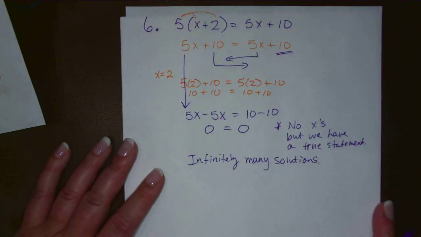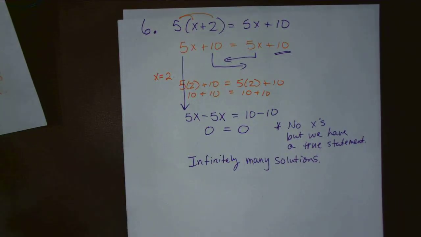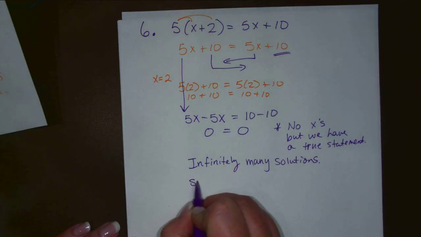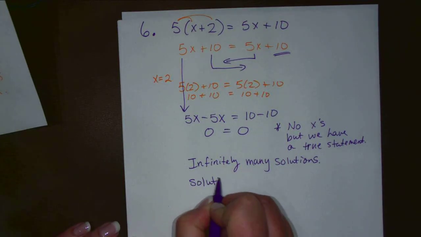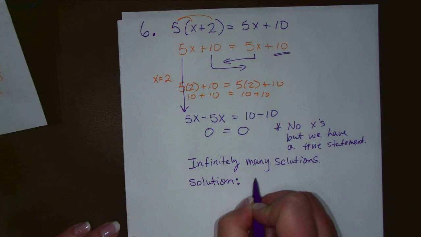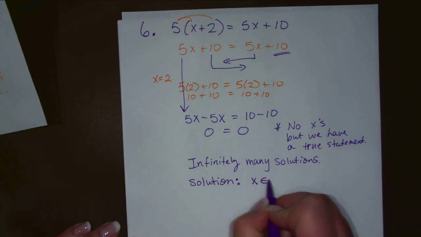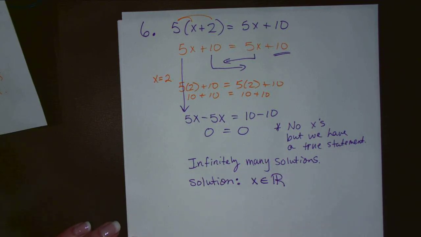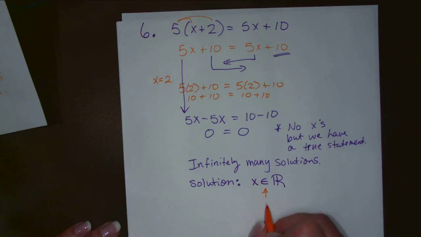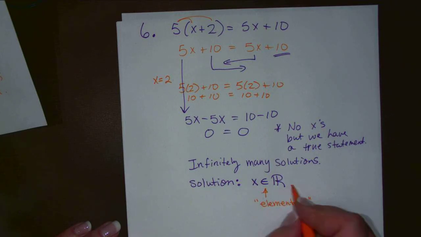So in math, when any value works, it's said to have infinitely many solutions, and you would say that the solution is what? Not infinity. Do you recognize that? So this little symbol is read as element of. X, or x is an element of our real numbers.